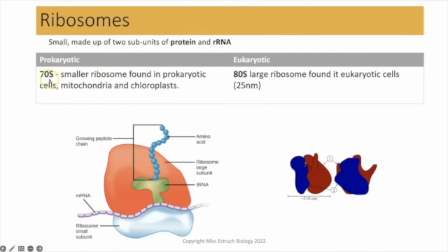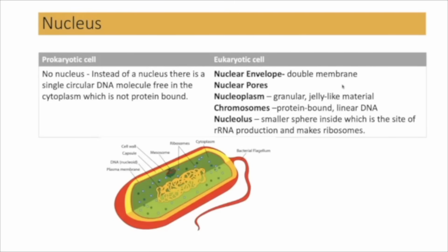So they are the 70S ribosomes compared to the 80S ribosomes found in eukaryotic cells. They don't have a nucleus. So instead of a nucleus, they have their single circular DNA just free within the cytoplasm, and it is not attached to proteins. And that is what this image here is showing. Now that is not the same thing as plasmids.